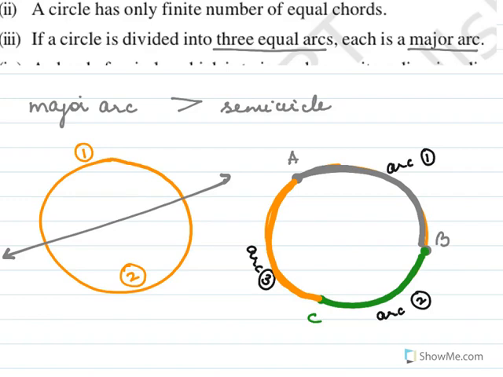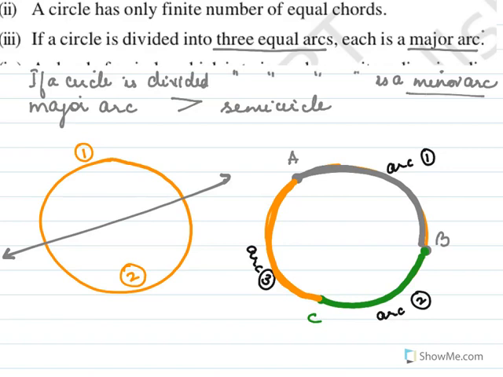So here you will say if a circle is divided into 3 equal arcs, each arc is a minor arc, not major, minor arc.